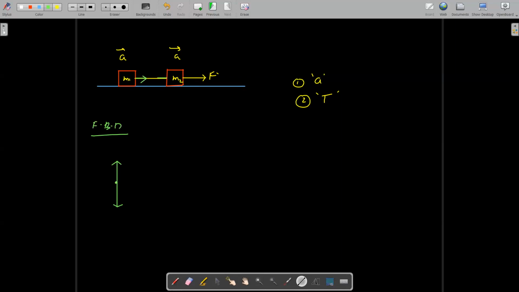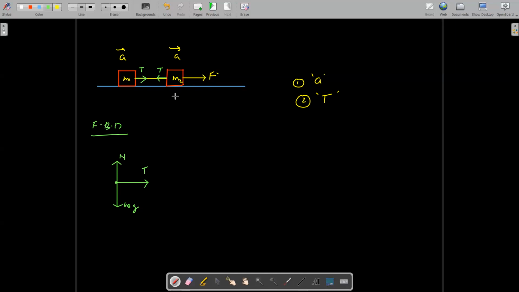Here also there will be a tension, since both are acting on the same massless string, it will be the same. So there is a tension acting in this direction, which we can denote by the letter T. Okay, T, N, and M1G. So that's clear.